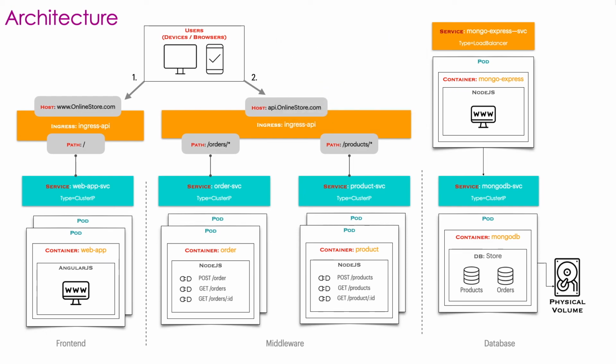And instead of a cluster IP service, we have now set up a load balancer type of service. The load balancer Kubernetes service creates something called a node port that exposes the pod directly outside the cluster. And that is why we do not need another ingress component here. The database administrator can then access the Mongo Express app directly from his or her browser. Now, in the next few sections, we will dive deeper into each of these components.